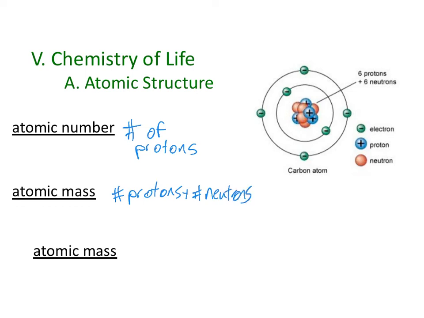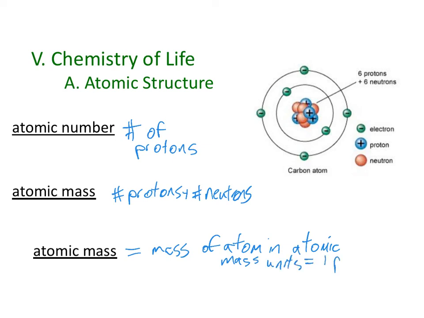And so 1 mass unit equals 1 proton or 1 neutron, and we just assume that electrons have a mass of about 0. And so this is typically reported as the mass of the atom in atomic mass units, which is 1 proton per unit.